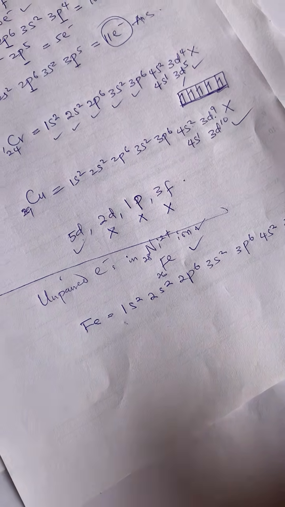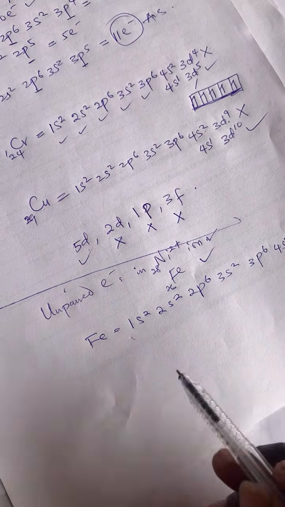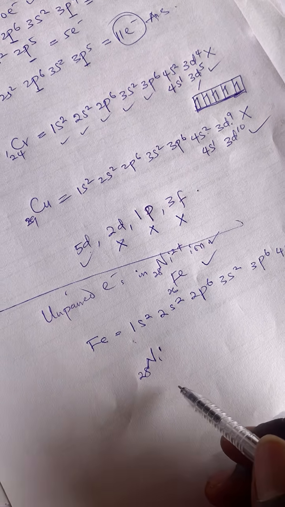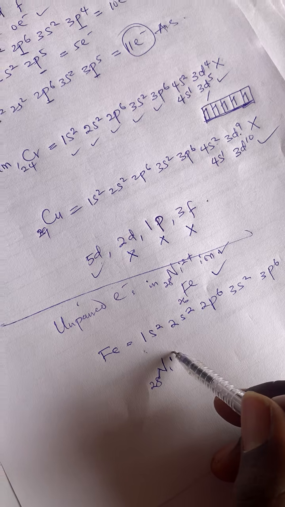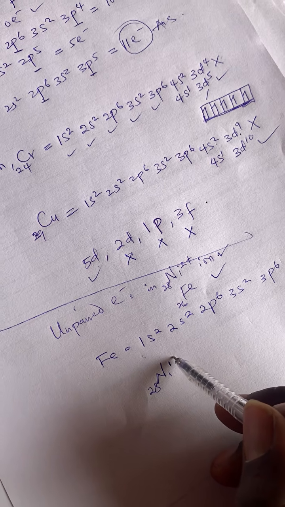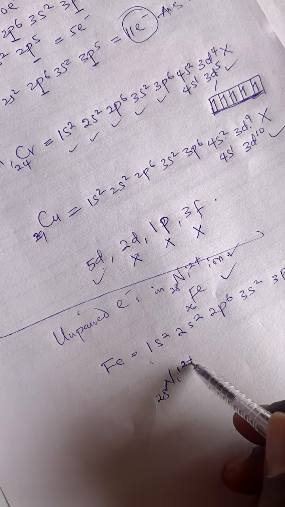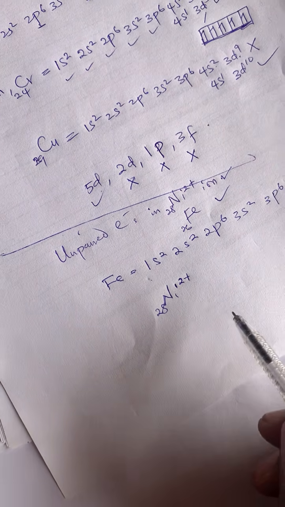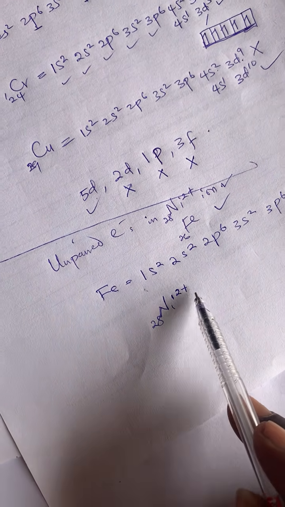Now, if you are technical enough, you are going to observe that the atomic number of nickel is 28. And if nickel is to form a 2+ ion, what it simply means is that it has lost 2 electrons.